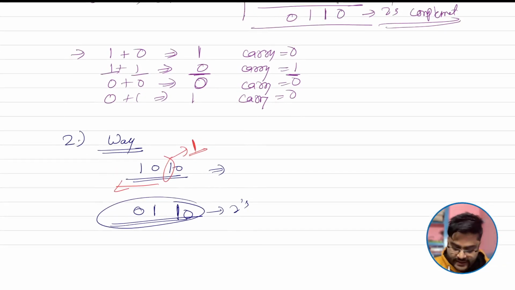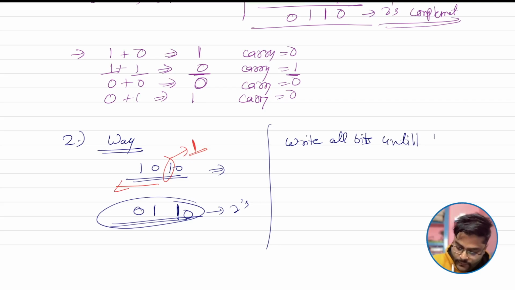So what is the second way? I am writing here: write all the bits until the first set bit. Set bit means 1; we call 1 a set bit.